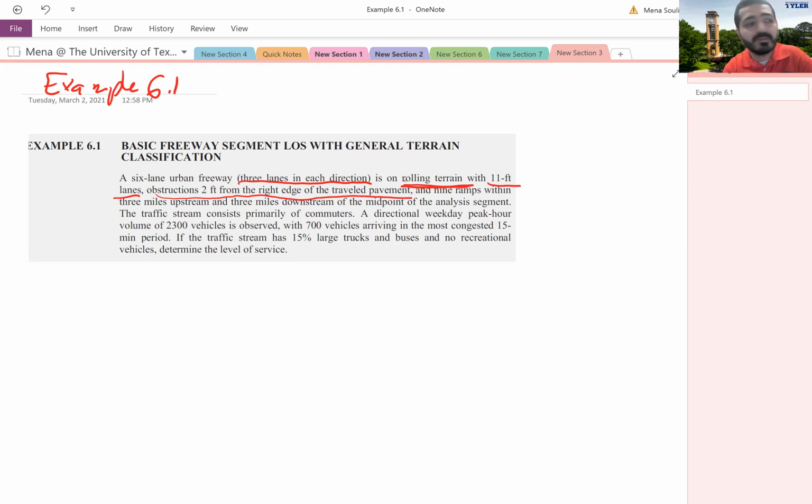If you recall, this is gonna govern the lateral clearance, and 9 ramps within 3 miles upstream and 3 miles downstream of the midpoint of the analysis segment.